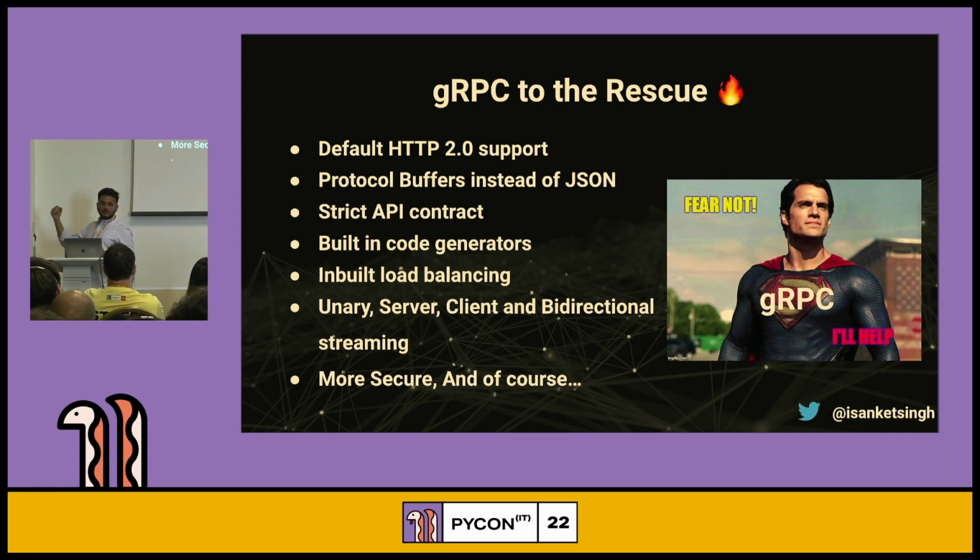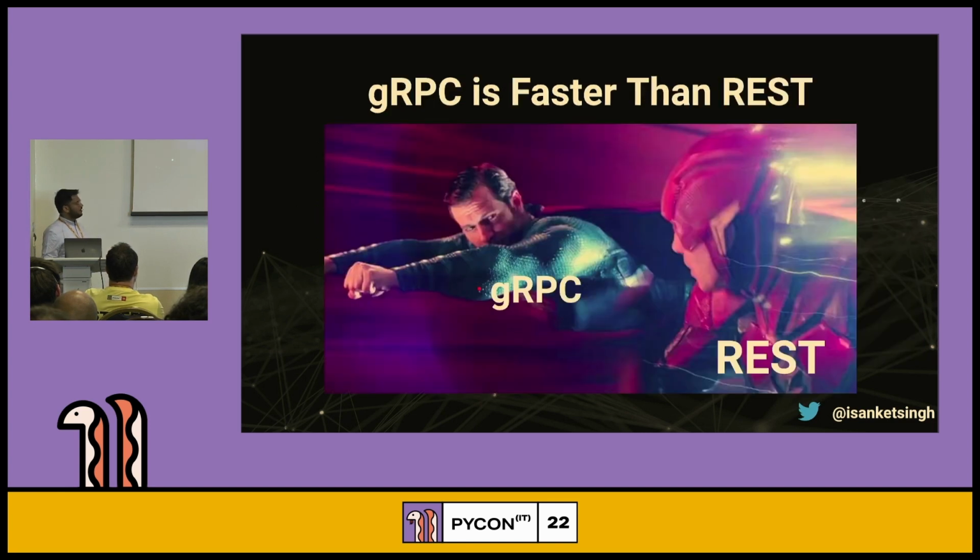So these capabilities come out of the box for gRPC. It's secure, right? One of the main reasons for it is the serialization that is being done by the protocol buffers for your data. And of course, it's faster, right? That's the main selling point, that it's faster than REST.